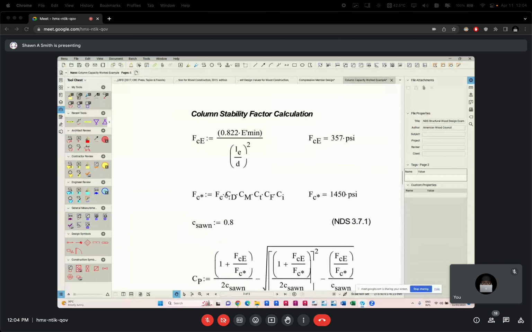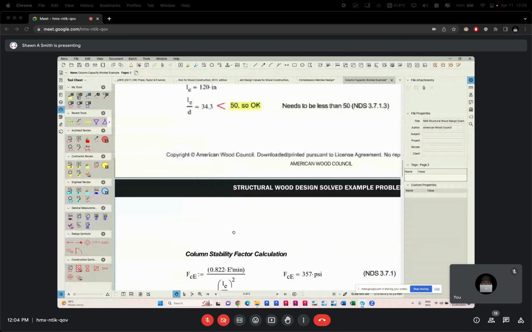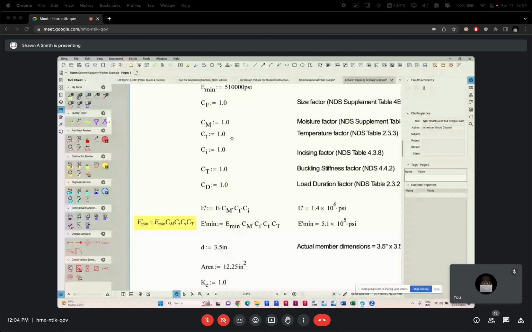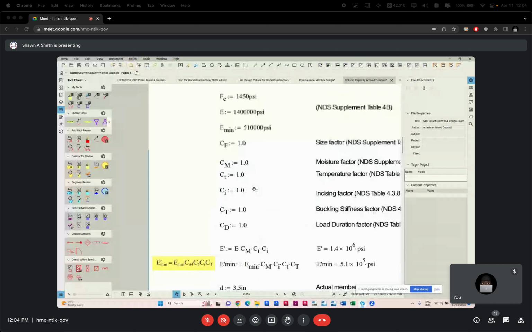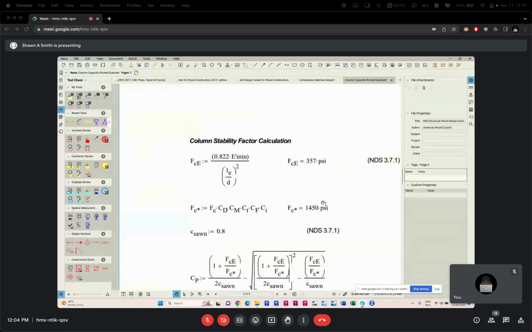So we can now do this, putting all those values, the ones that are applicable. Everything is one anyway, 1 1 1 1 1 1, so nothing changes. It remains at 1450 because everything here was 1.